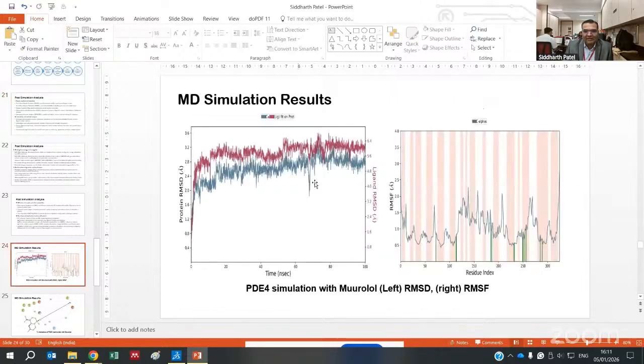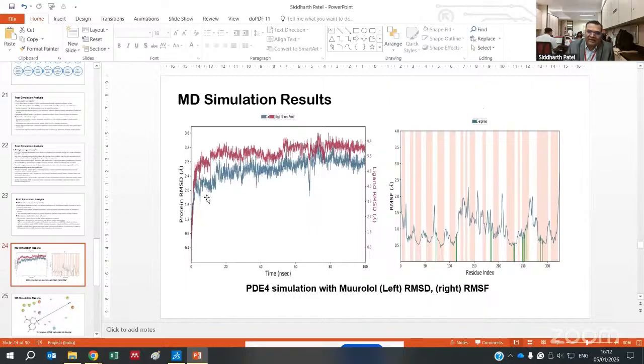You can see here the RMSD data looks like this. The first image, left side. The red one is the protein, and the gray or greenish one is the ligand. So here you can see that the protein is moving in a certain manner. Protein flexibility is present here to a certain extent, and the ligand flexibility is almost the same. Sometimes the ligand flexibility is reduced drastically.